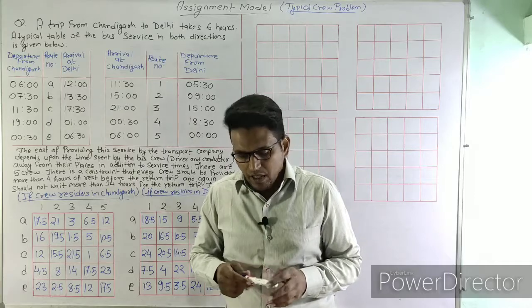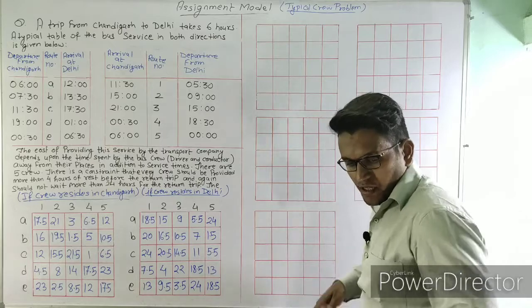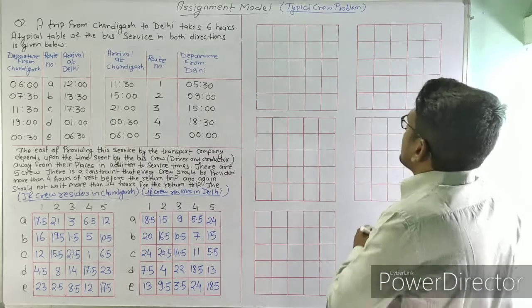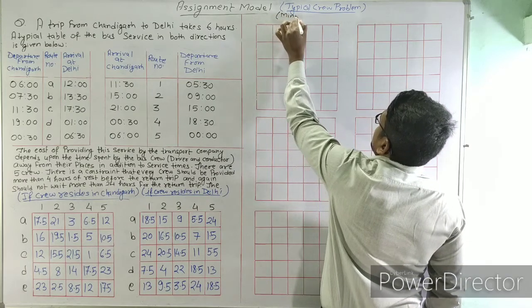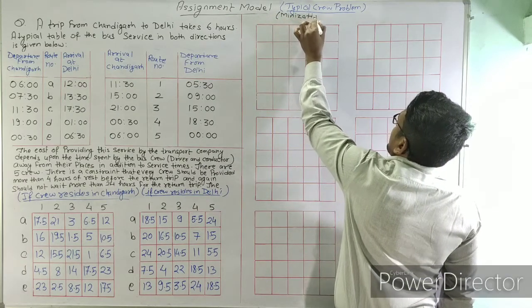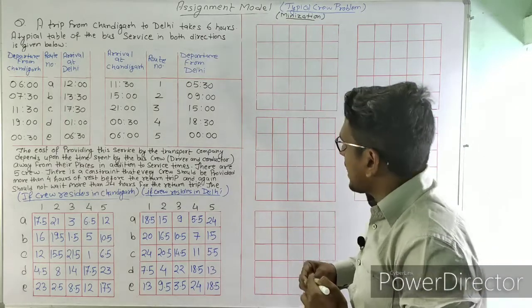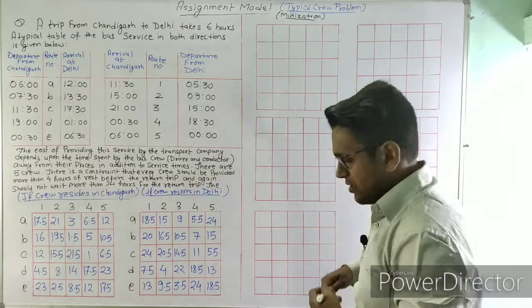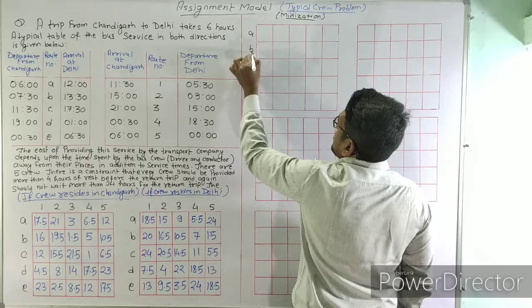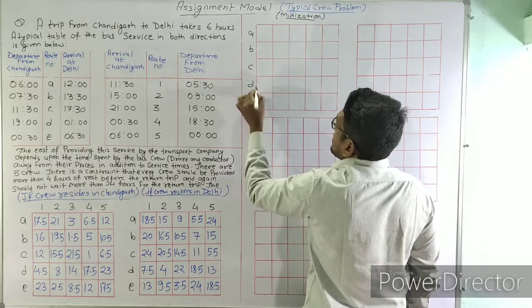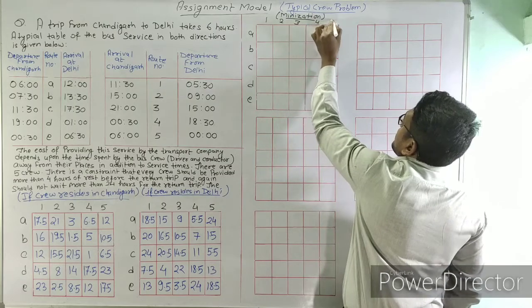So what we will do is, we will again make a minimization matrix, and this matrix will show the minimum time that a crew spends at the company's facility. So these are the routes A, B, C, D and E, and 1, 2, 3, 4 and 5.